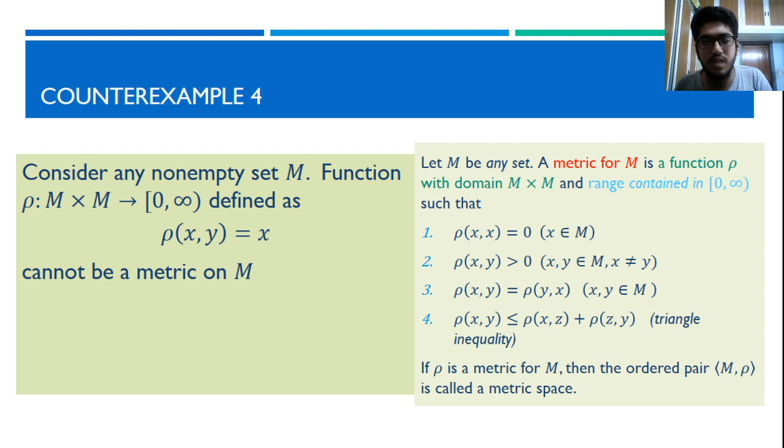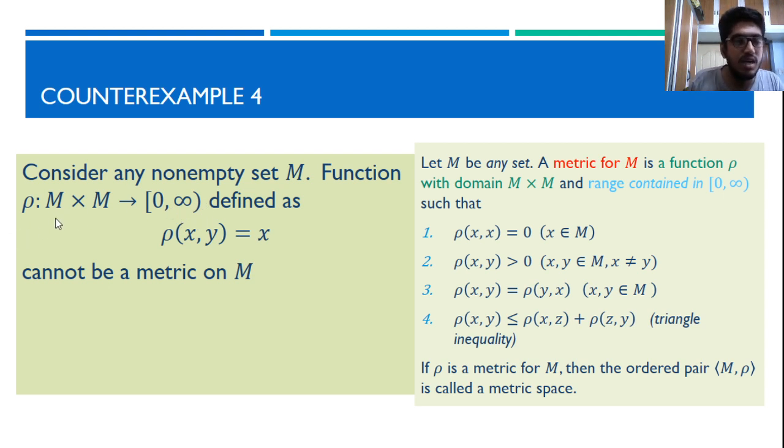Then we found out that depending on the codomain, our domain is also restricted. This can be considered as a metric for only a particular set M, and that M should be a subset of the closed interval 0 comma infinity.